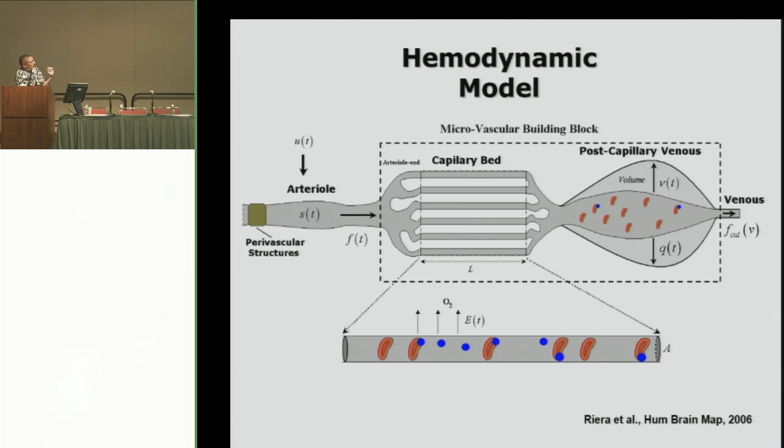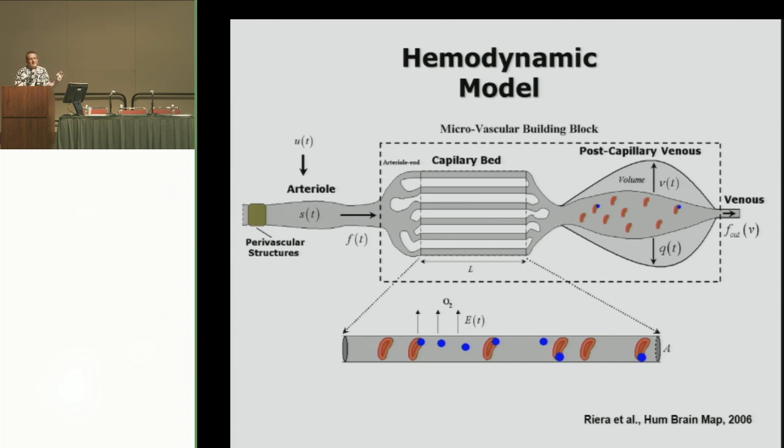So the first, very fast response in the BOLD signal is this increase in volume, therefore a decrease in deoxyhemoglobin, therefore you have this overshoot. Later the vessel goes back to its normal position, and you still have consumption of oxygen by the neuron, so with the same volume you have an increase in deoxyhemoglobin, which is very long and sustained, and then you have this undershoot.